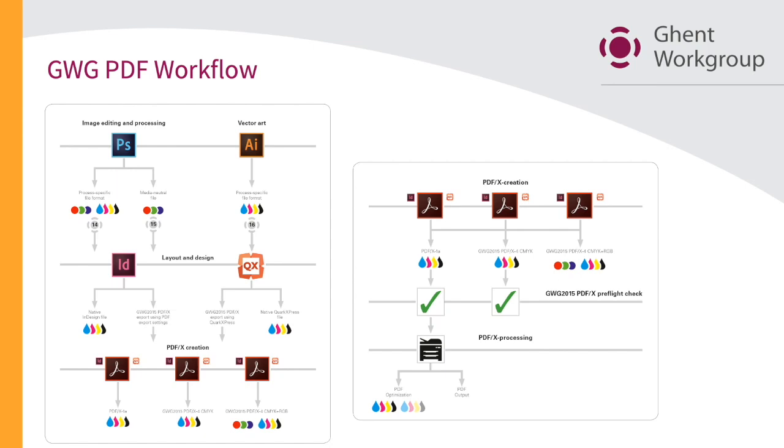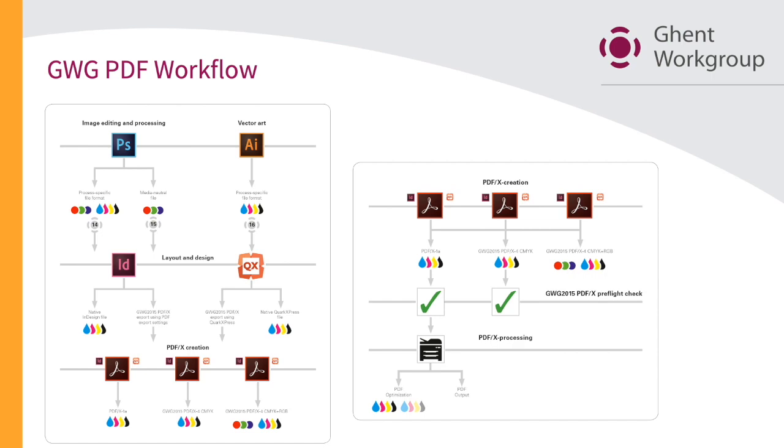Those are the old Gantt workgroup specifications, and starting with 2015 and newer, the Gantt workgroup specification shifted to the PDF/X-4 file format, which explicitly allows the use of transparency, also optional content or layers, and also color managed elements.